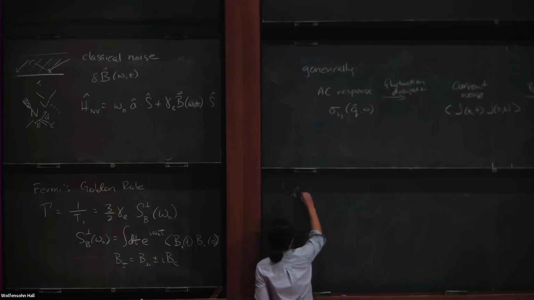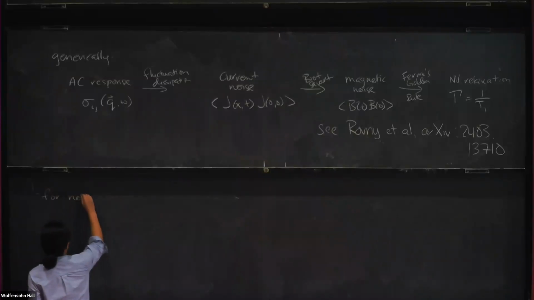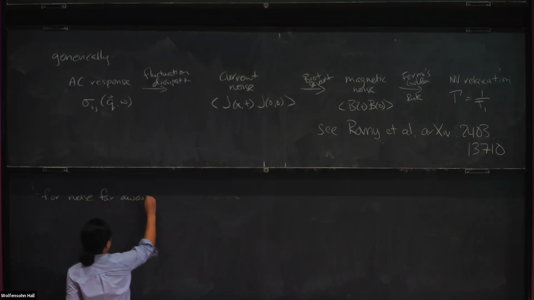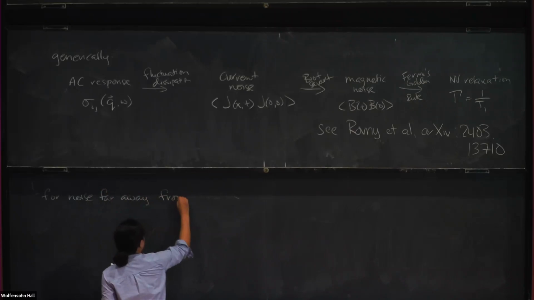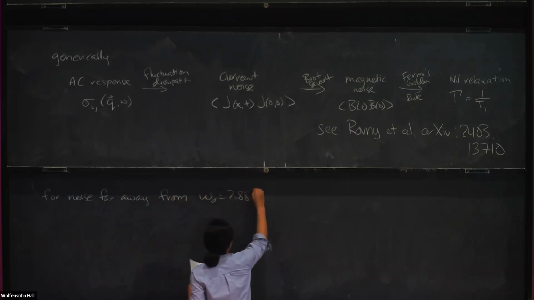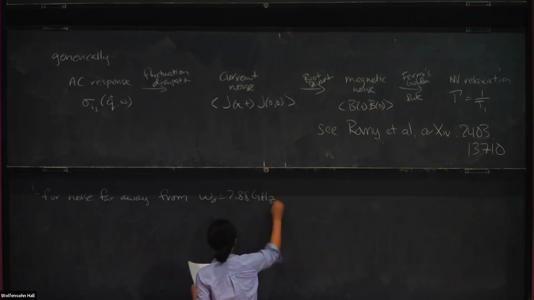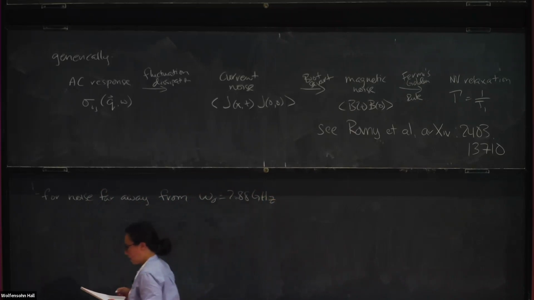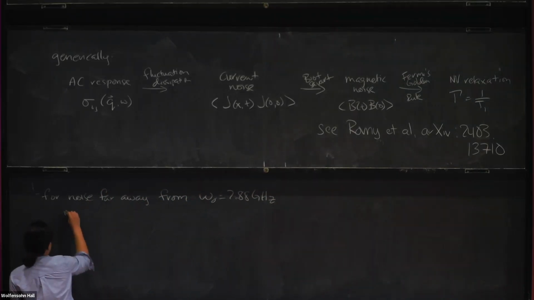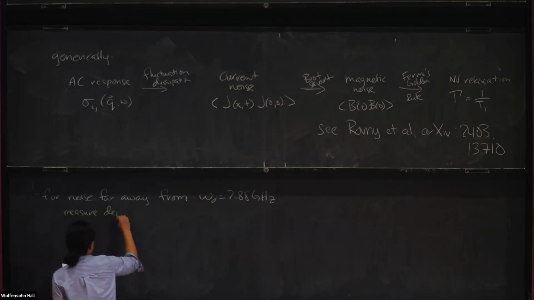So for noise far away from this 2.88 gigahertz zero field splitting, in general, what we can do is measure the dephasing of a coherent superposition.